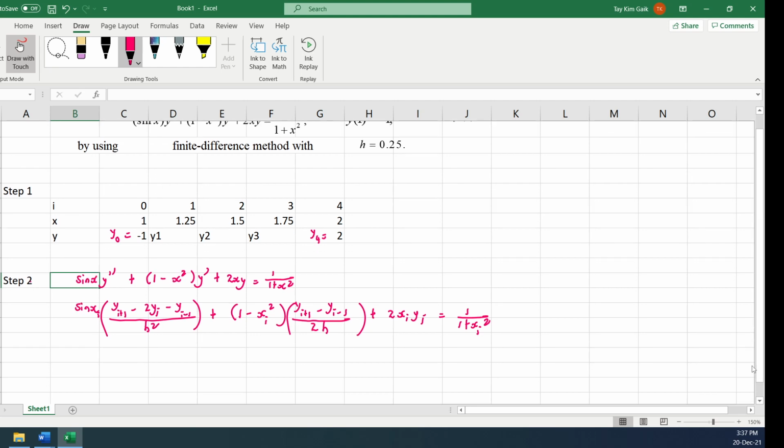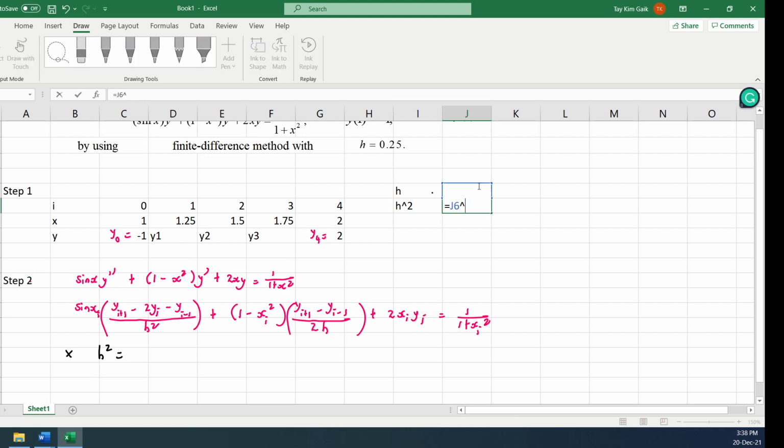Then from step 2, eliminate the h squared by multiplying by h squared. Your h is actually 0.25, then your h squared is 0.0625.